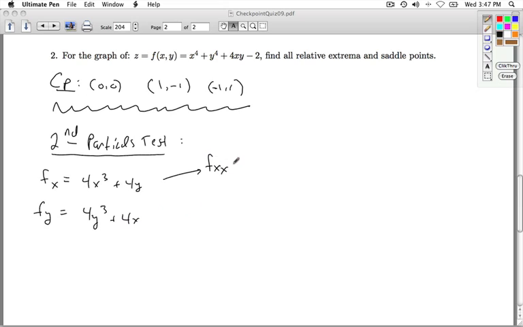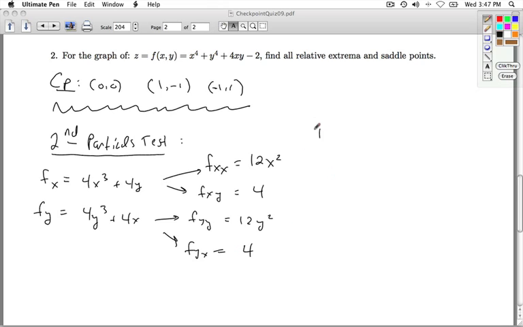So fxx, I take the derivative with respect to x again, I get 12x squared. fxy, I take the derivative with respect to y, I get 4. fyy, take the derivative with respect to y, I get 12y squared. fyx, take the derivative with respect to x, I get 4. And so we have a quick check that we did something right because these mixed partials match up.